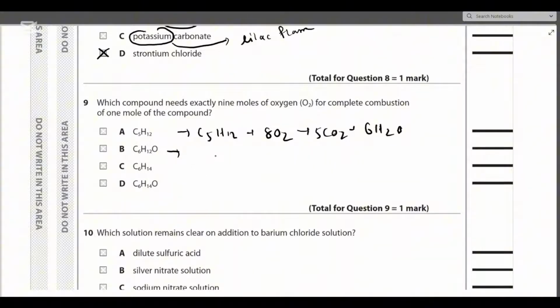If I talk about B, you have C6H12O, which means you have 8.5O2, giving us 6CO2 plus 6H2O. Again, balancing it, you have 8.5 moles, so that's not correct. We will require 9 moles to be exact.